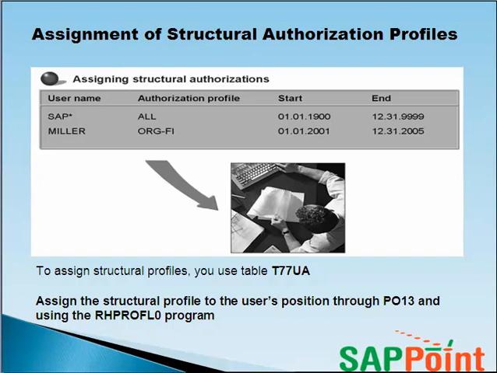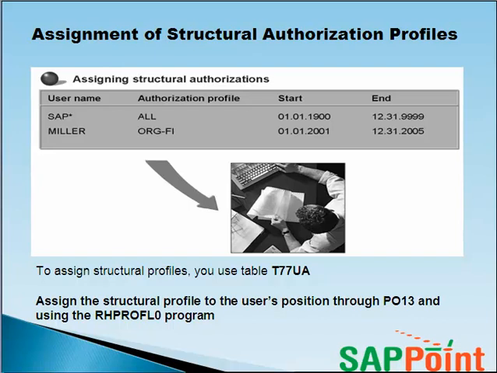So first the system searches at runtime. When the structural profiles are activated, the system searches at runtime for the entries in the table T77UA for the current user. If one or more entries exist, the set of objects is mapped according to the profile definition. So depending on how many structural profiles are assigned to the user, the objects are mapped.